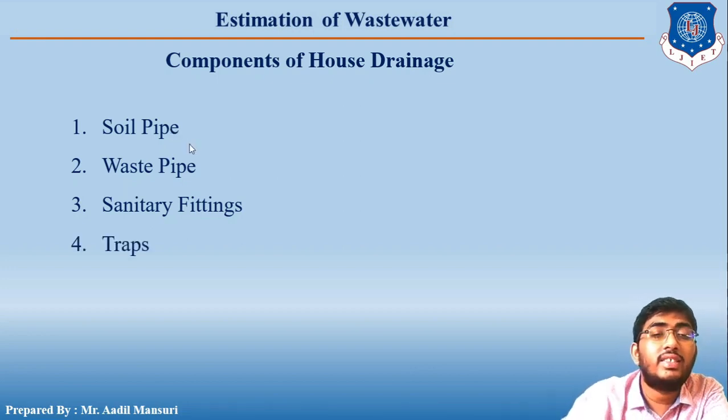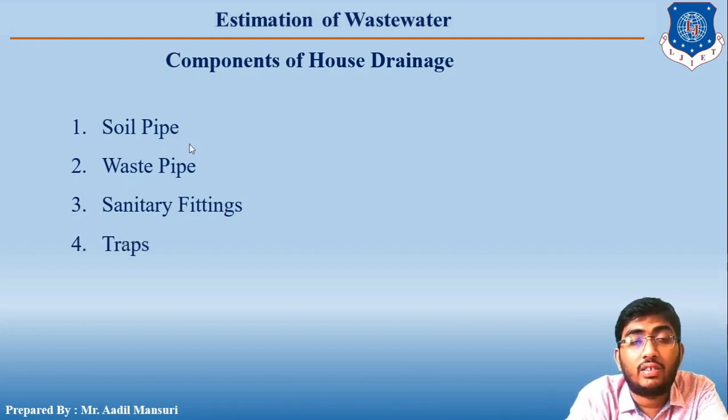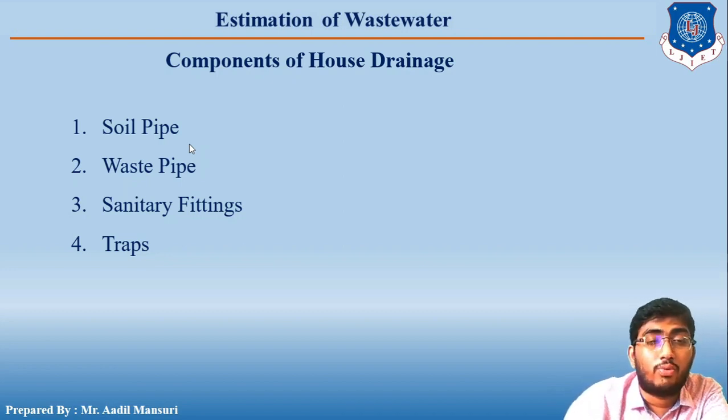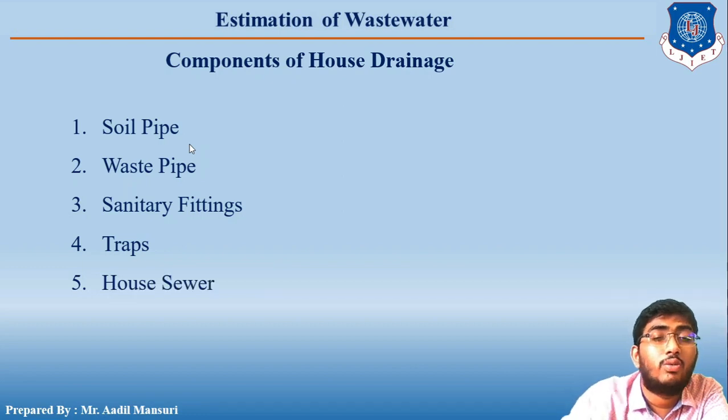Next is traps. There are three types of traps, that is P trap, Q trap and S trap. Then Nahani trap is there, gully trap is there. So these are the different types of traps which are considered under house drainage components. And last is the house sewer.